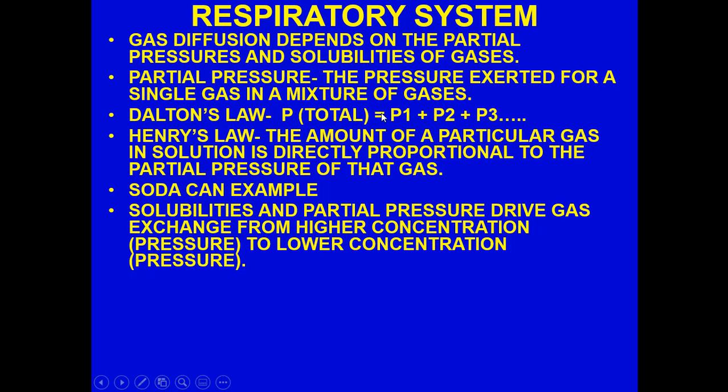So in other words, what he's saying is, if oxygen is only contributing about 21% of the atmospheric pressure, and atmospheric pressure is 760 millimeters of mercury, only 21% of that is really from oxygen.